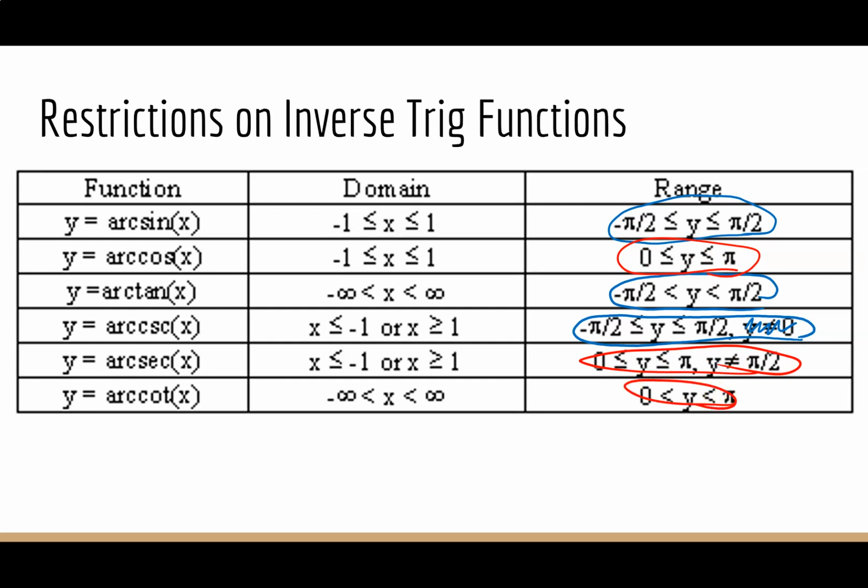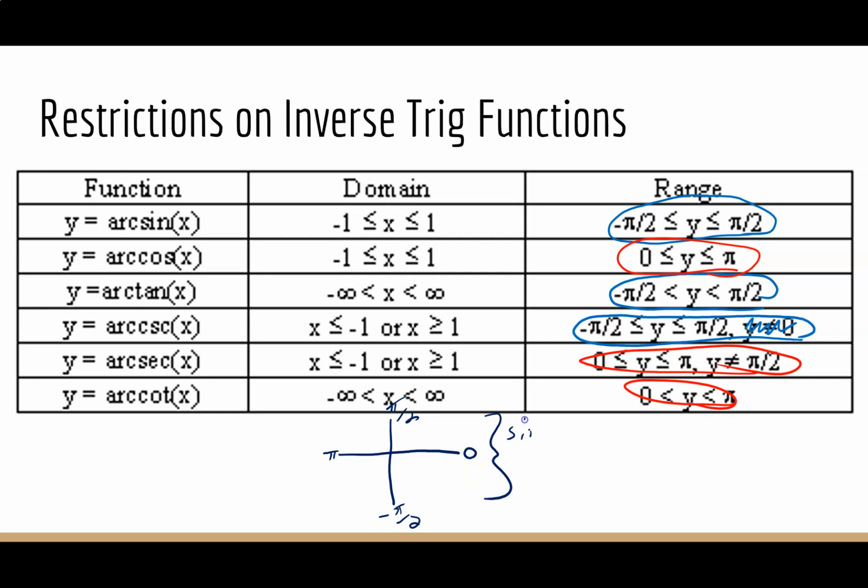So we have our restrictions, and what this does for us is it separates out the unit circle, and it tells us what quadrant we're in. So if we think about our unit circle, this is 0, this is negative pi over 2, this is pi over 2, this is pi. So the negative pi over 2 to pi over 2 functions are going to be over here in the first and fourth quadrants.